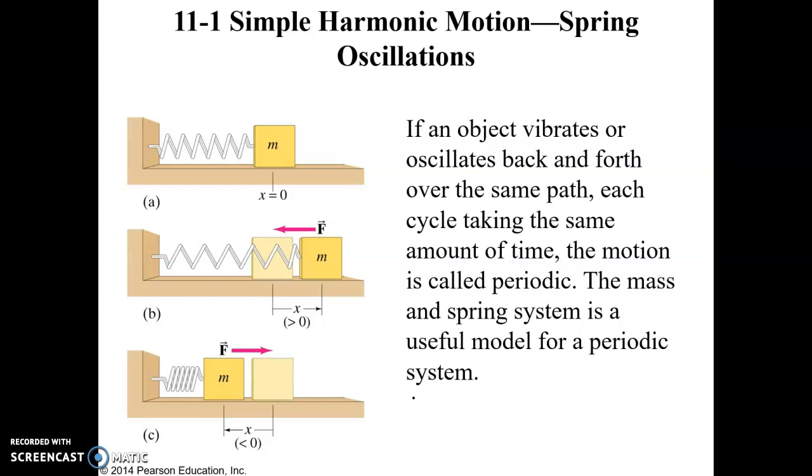This process is just going to repeat, going back and forth and back and forth. If there's no friction, then this would theoretically just keep going on forever. This would be an example of a simple harmonic oscillator.